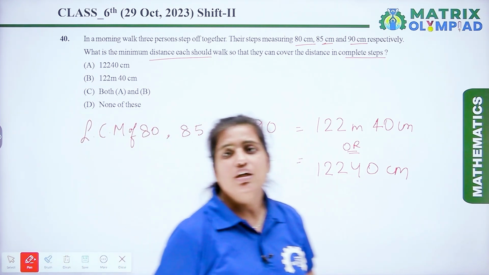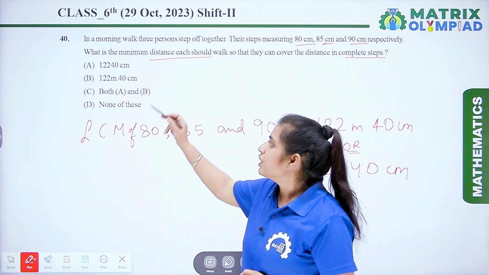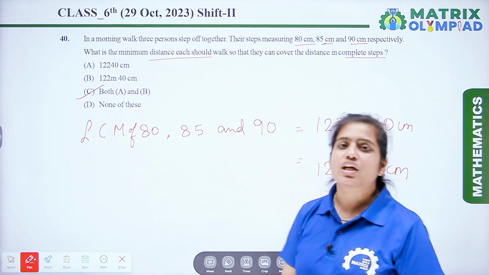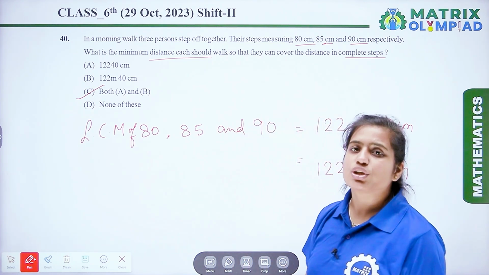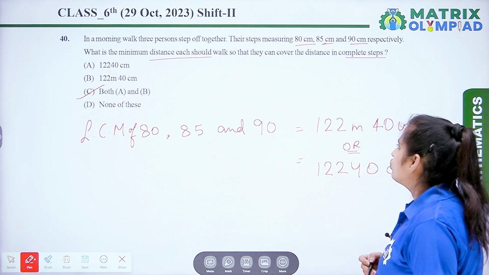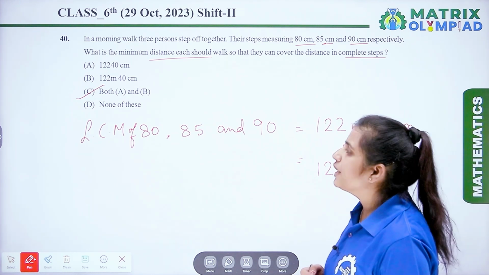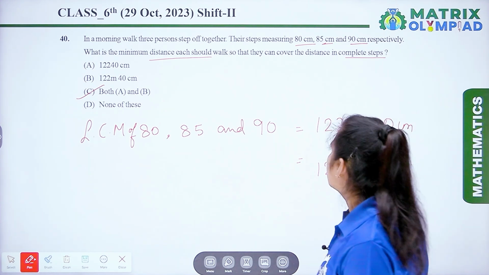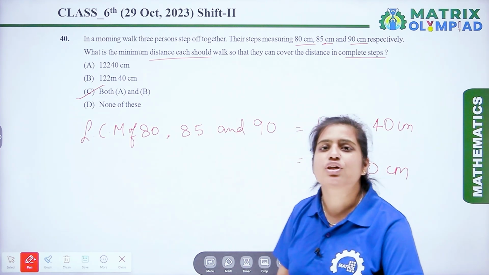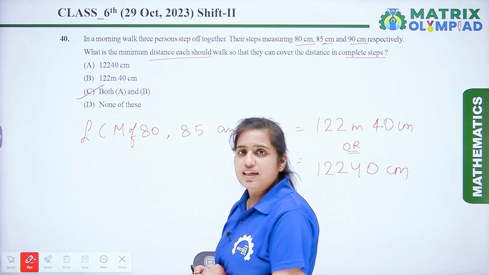So according to the options, we can say that option C is the correct answer, as we can write the answer in two ways, that is 122 meter 40 centimeter and 12,240 centimeter. So option C is the correct answer.